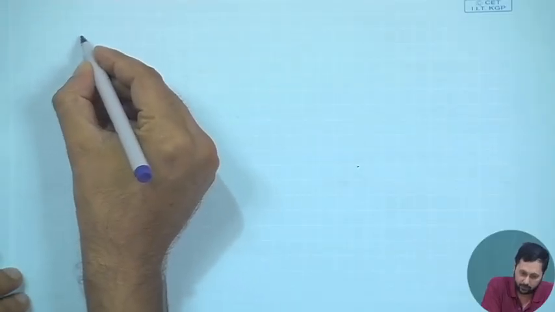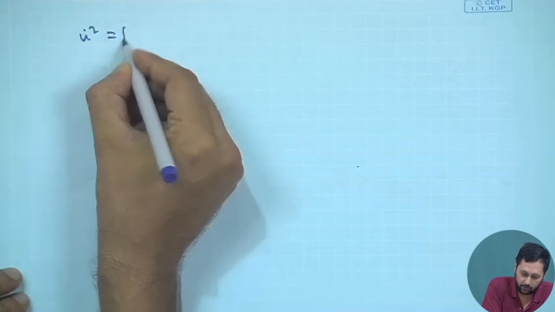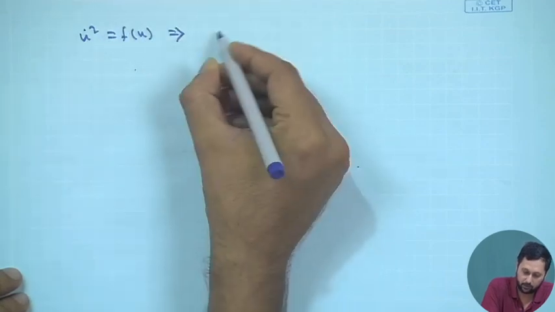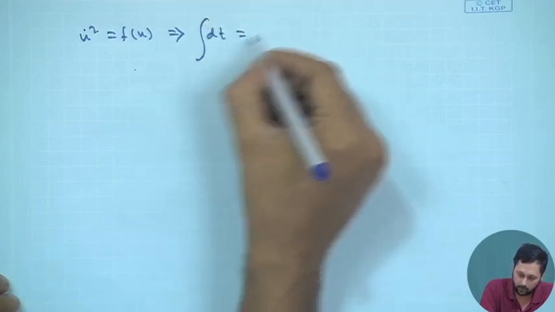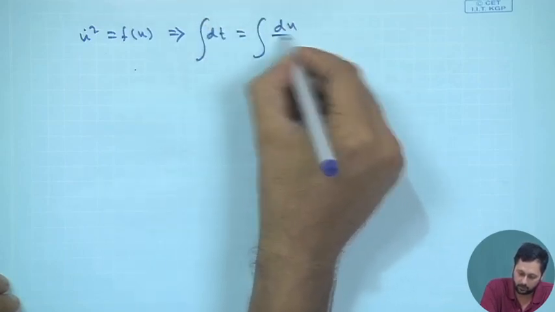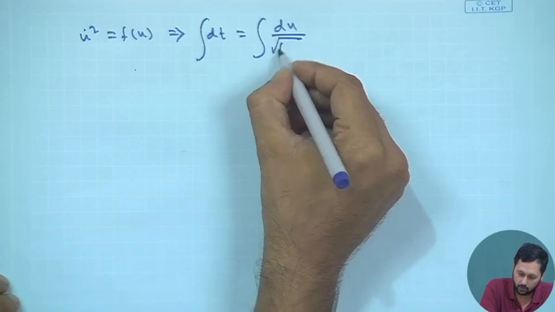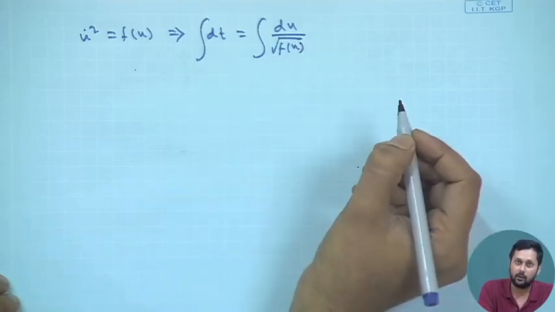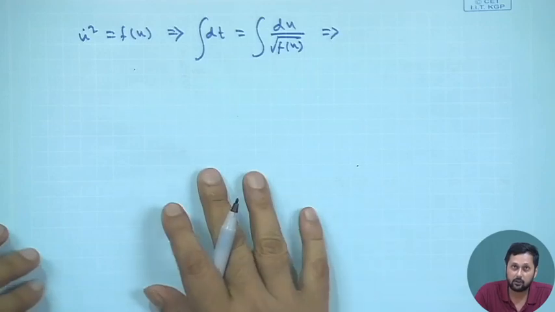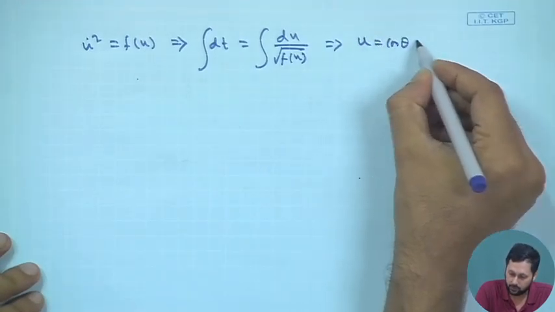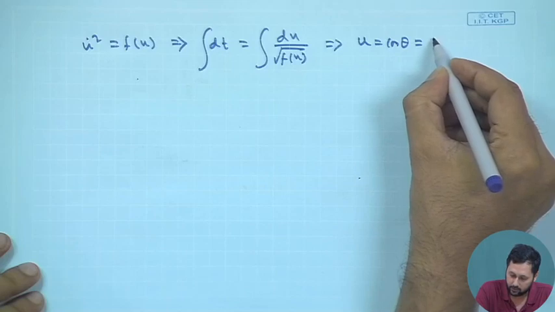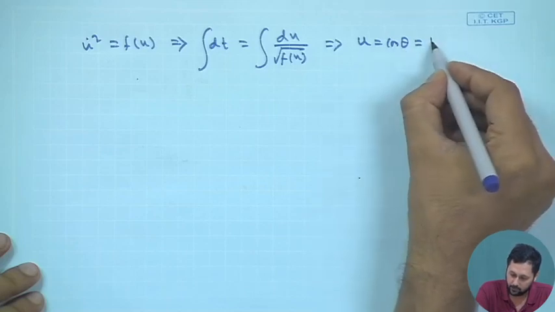If we take the first equation, u dot square equal to f of u, it will be integrated to give the integral of dt equal to the integral of du by root f of u, right. So, in principle this will give you u, which is equal to cos theta, as a function of time, u of t.